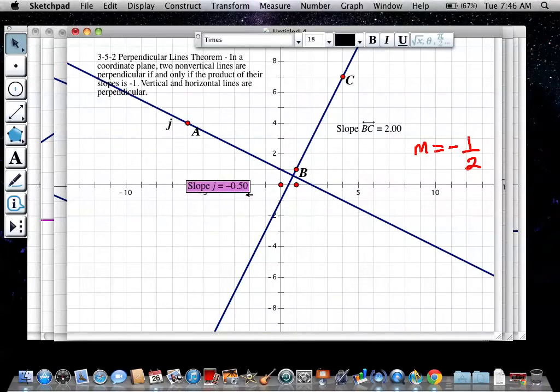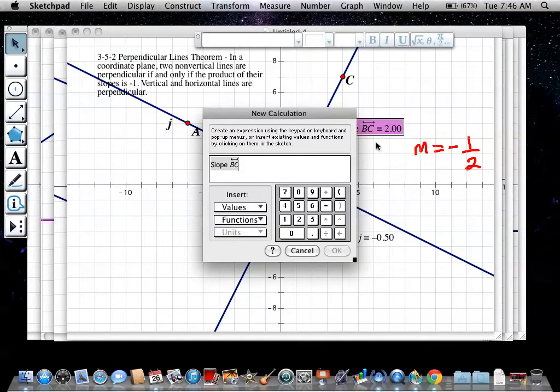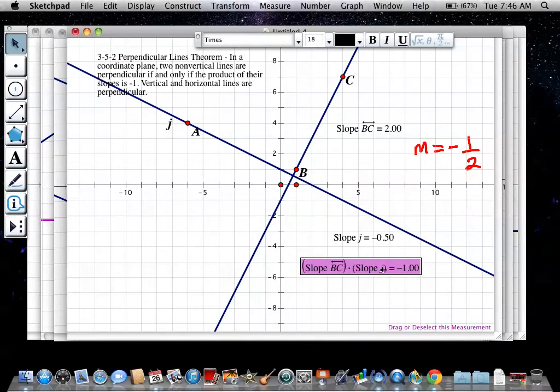Slope of J is negative 0.5, and if I take the slope and multiply it by the other slope, I get negative 1. So these are perpendicular. Also, when you make a perpendicular line here, that means that this is a right angle.